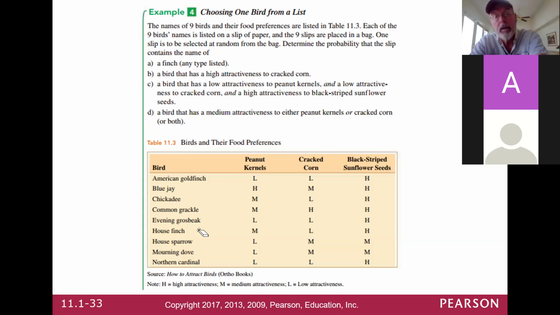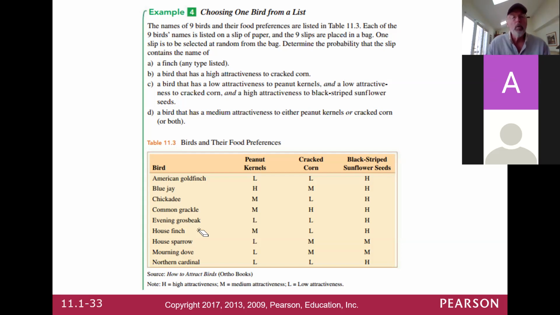Okay, and what are you doing there? Pretty much the same thing as last time. There's only one bird that has a high attractiveness to cracked corn, right? So then there's 9 birds. You do 1 divided by 9, and you get 0.1111. If you simplify that and convert it to a percent, that's 11%. Okay, that's good. 11.1. Yep, you're doing great.